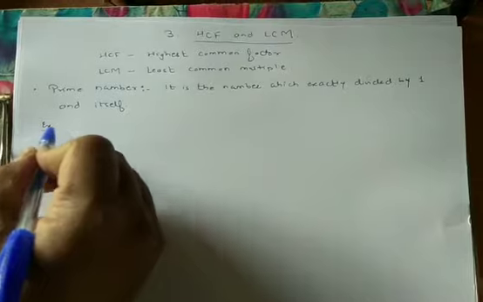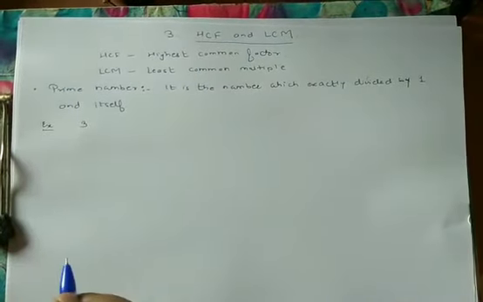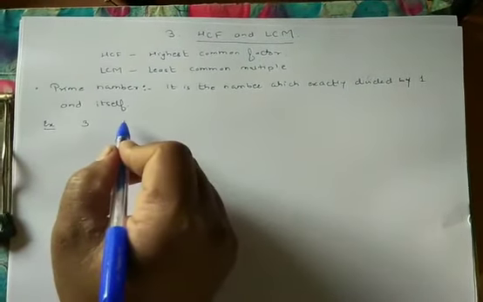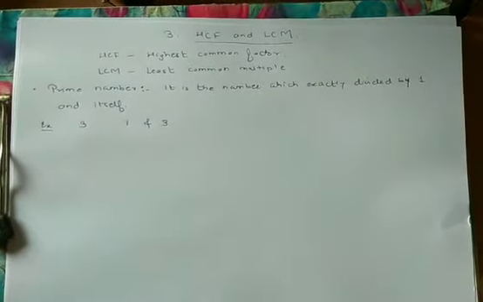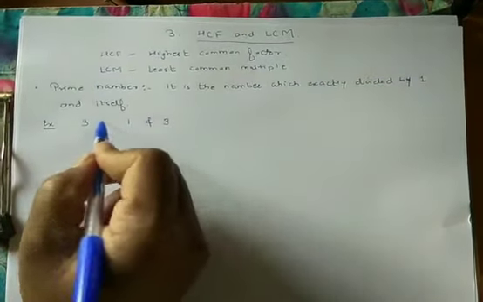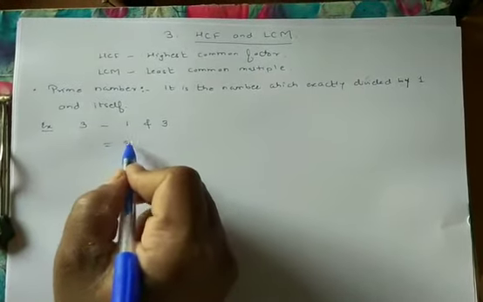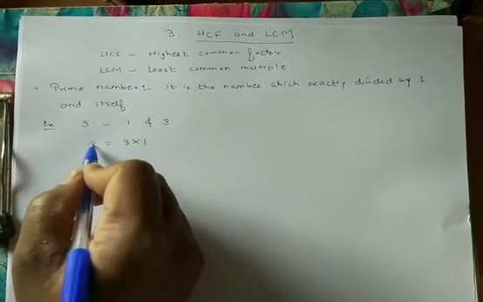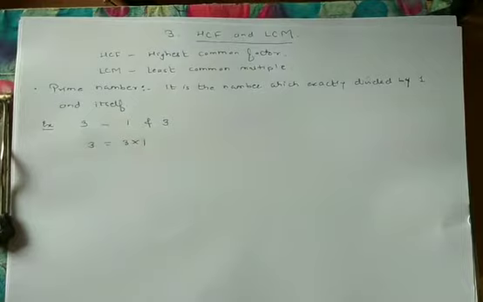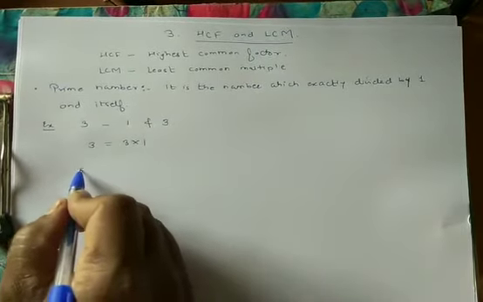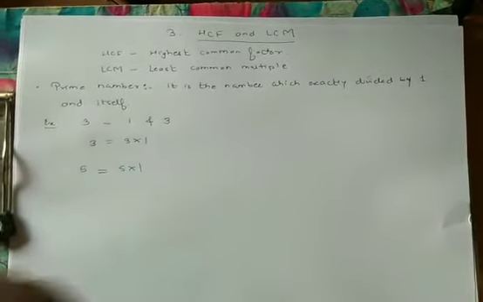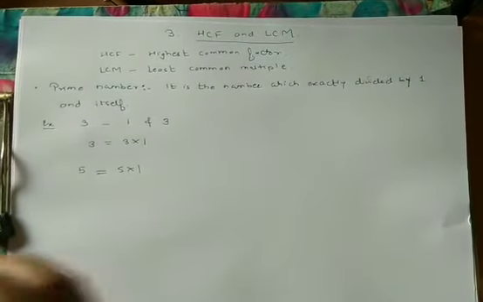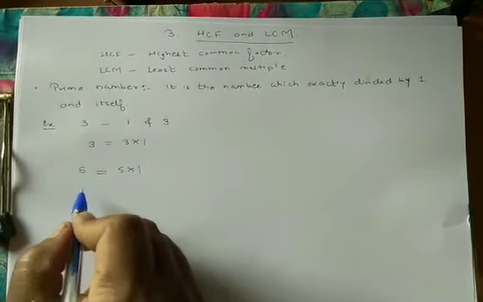Suppose I consider the example 3. So 3 is divisible by only what? 1 and 3. 3 ones are 3. So the factors of 3 are only 1 and 3, so this is a prime number. If I consider 5, again 5 ones are 5, so no other number divides 5.